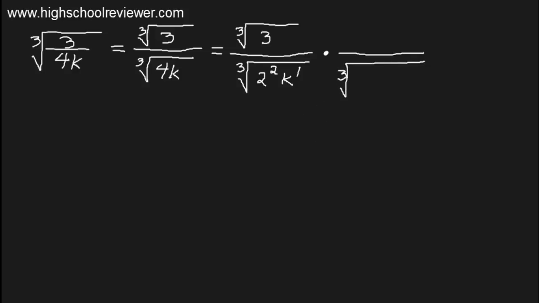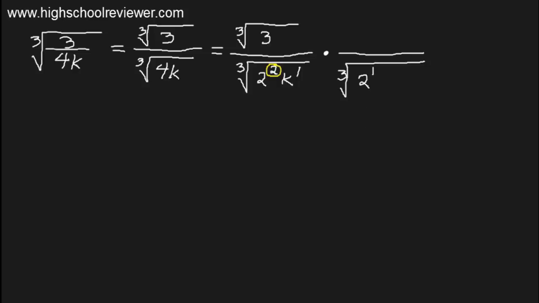So the root is the cube root, so we will copy that. And then since we have here 2 raised to 2, our exponent here is 2, and then 3 minus 2 is 1. So this will be 2 raised to 1.